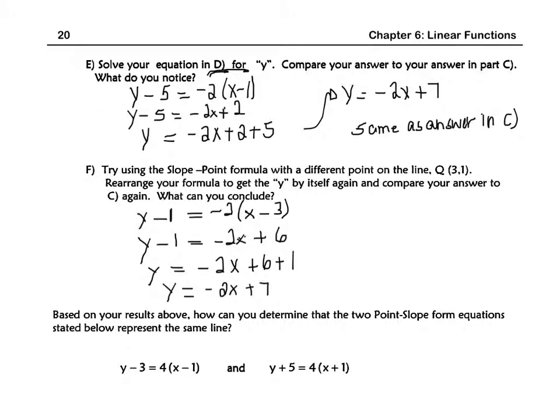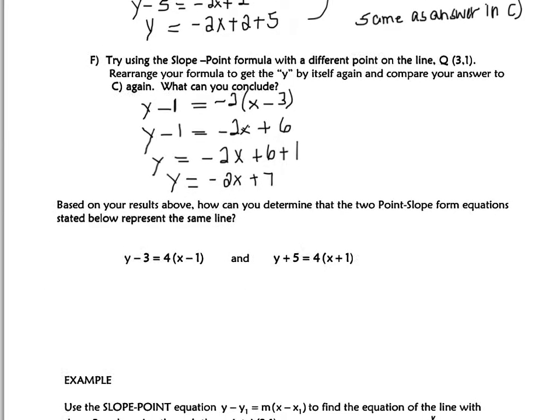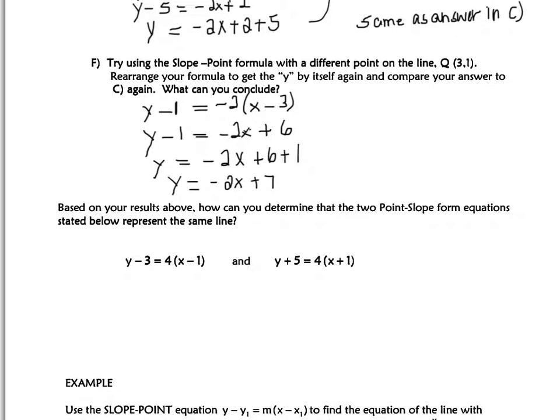Look at the next question there. It says, based on your results above, how can you determine that these two point slope form equations below here represent the same line? So the easiest thing to do would be to change them both to slope-intercept form.